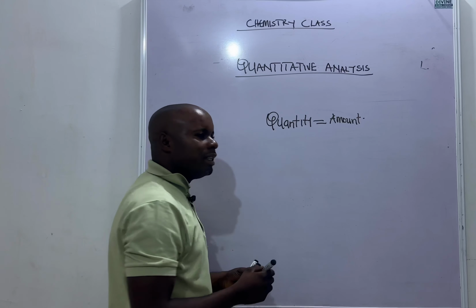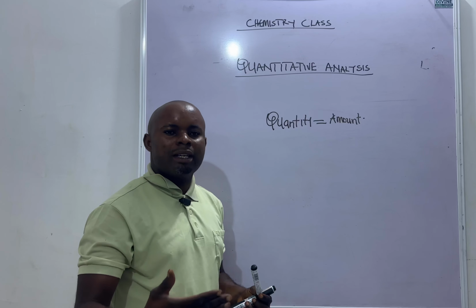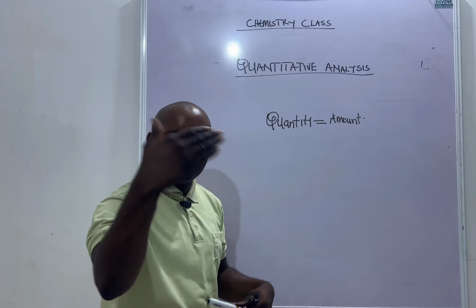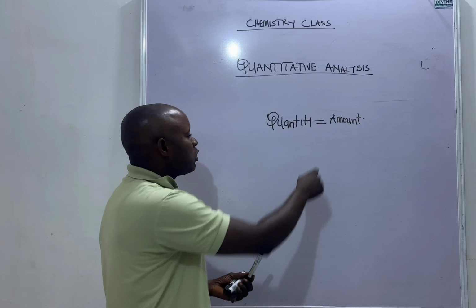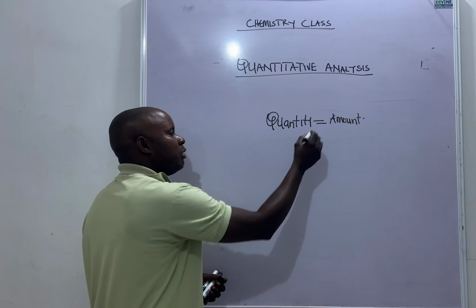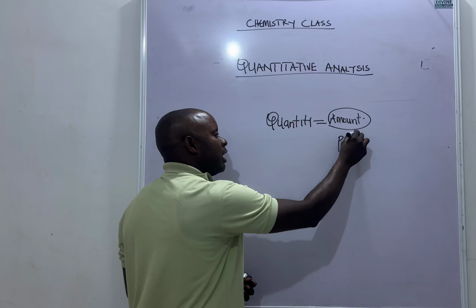So quantitative analysis is to determine the amount of one substance using a known amount of another. We can use that known amount to identify the unknown. By so doing, we must identify the amount of certain substances. A very good example is that we can know the amount of certain substances by using a pipette, an apparatus in the lab.